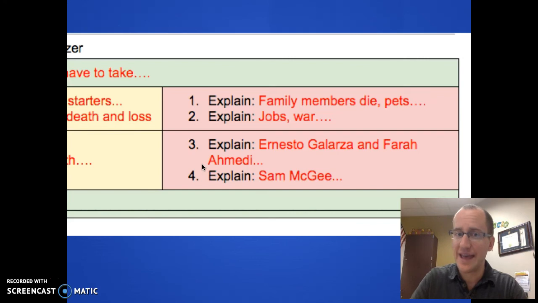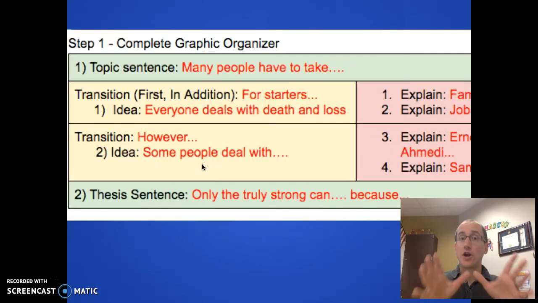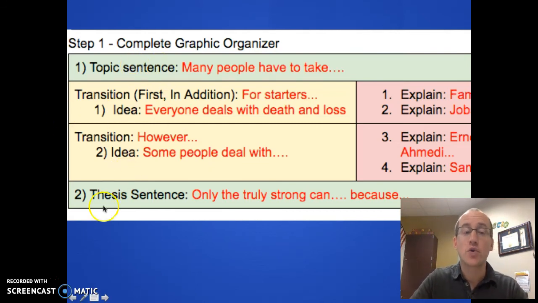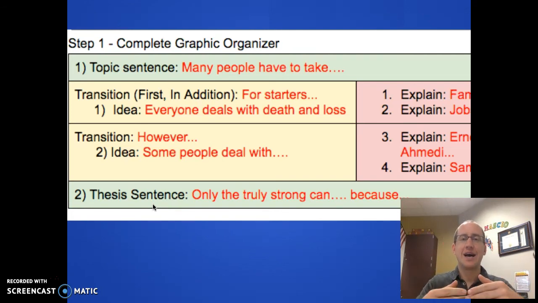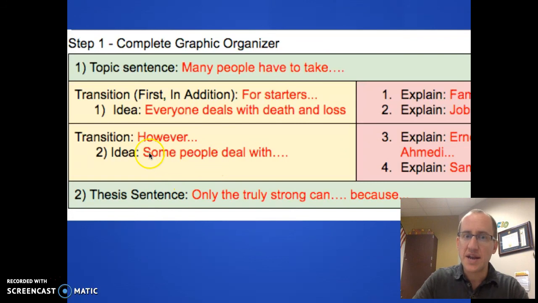Now that you've done that, we're going to go back to the beginning, the topic sentence. In our introductory paragraph, when we go back to our topic sentence, we're actually going to write down our thesis statement right here. Remember, your thesis statement is the most important statement in your whole essay. You're going to write it down, and that's going to remind us of what the topic is.